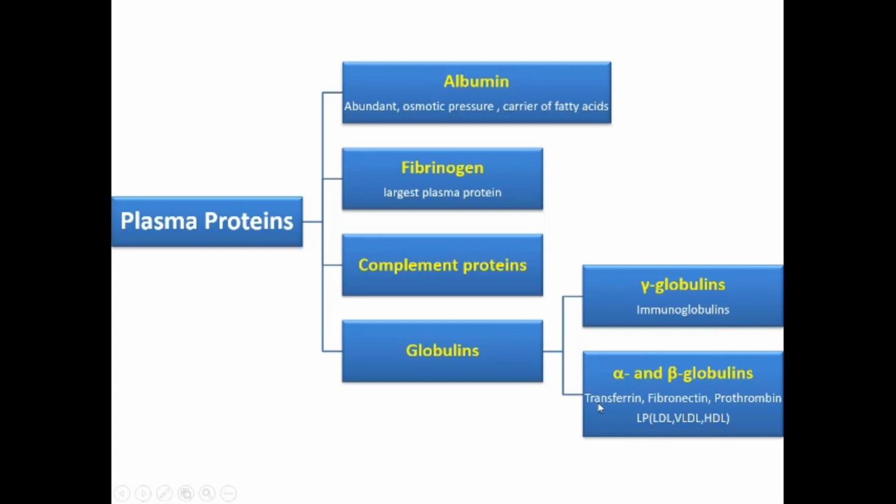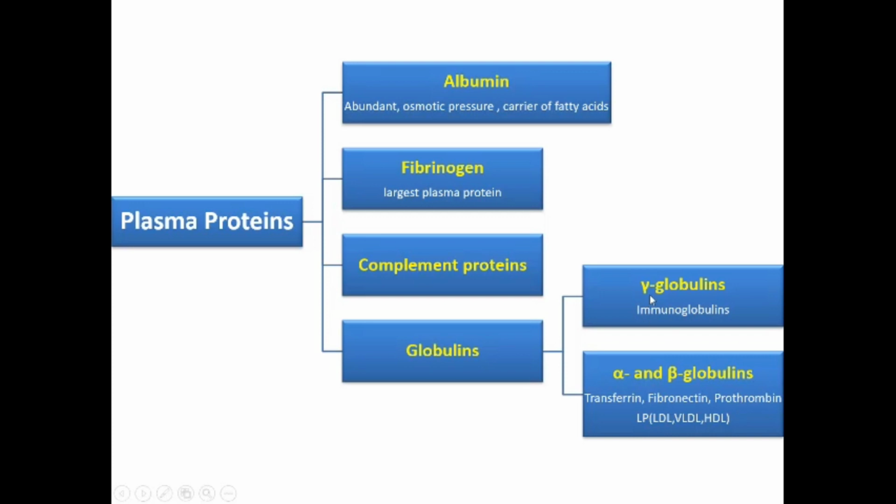For example, one of them transfers iron, called transferrin, and some of them transfer lipids, called lipoproteins. Others don't have a transferring function, like fibronectin. Here we have soluble fibronectins, and prothrombin functions as a coagulant factor in the blood.